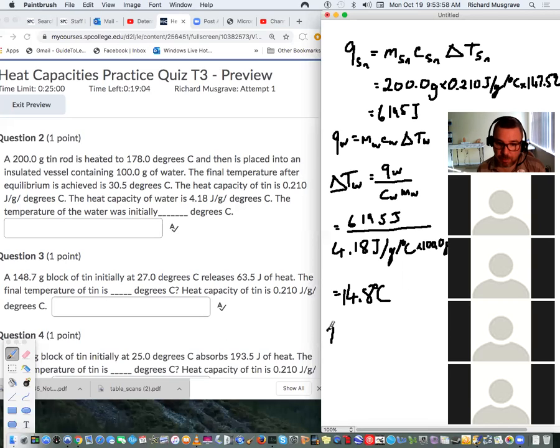So the initial temperature of the water is the difference here: 30.5 degrees Celsius minus 14.8 degrees Celsius.